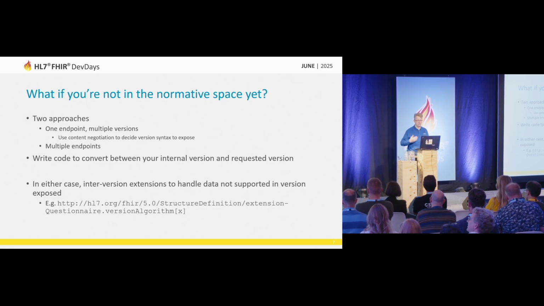And that's a really powerful thing because it means that we don't have to wait for the entire world to move to the new version before we can start using that new version content.